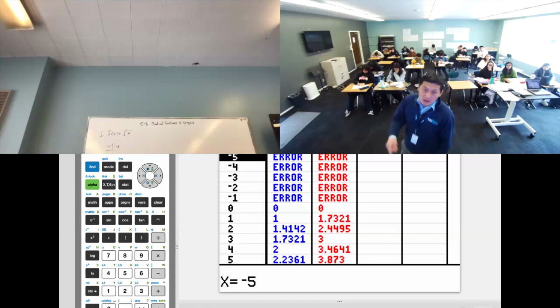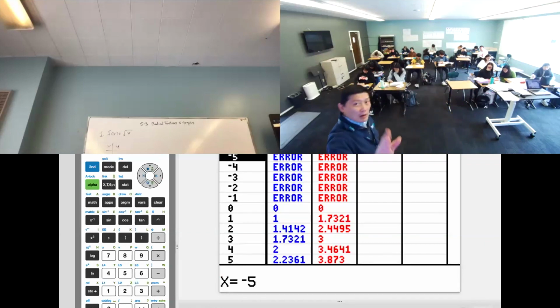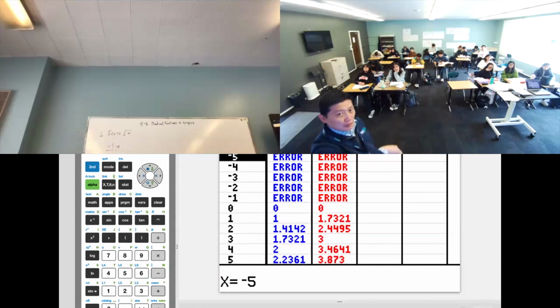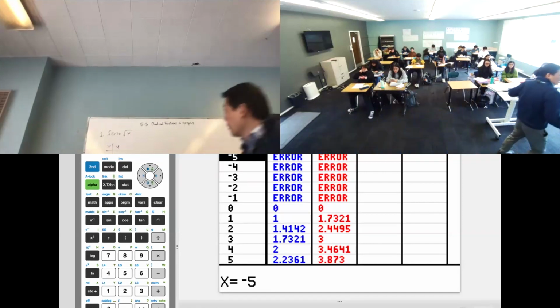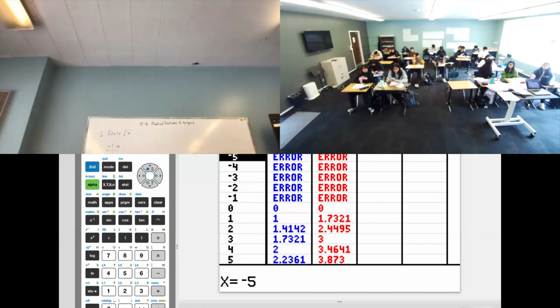Now notice this table shows me the y1 value and then y2 value, because I have 2 functions in the y equal. So the xy table for the second one literally is this x right here and then y2, right? Makes sense. Now, second problem right here is f of x equals square root of 3x.